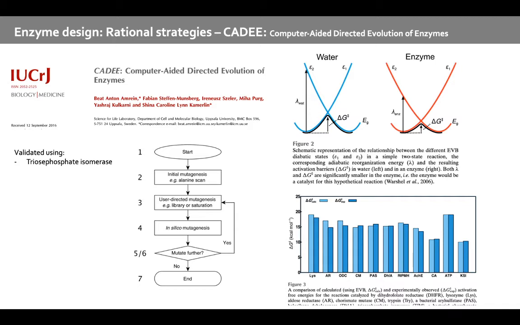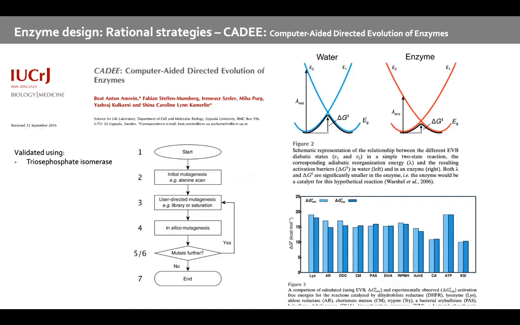The next study that I wanted to highlight here is this CADE, computer-aided directed evolution of enzymes. This is a paper by Cameron Lin, where they develop a strategy to mimic directed evolution.